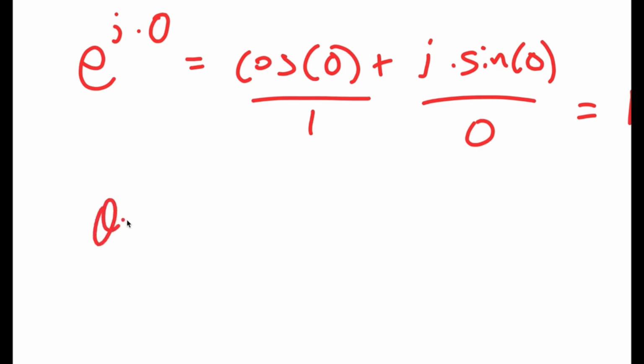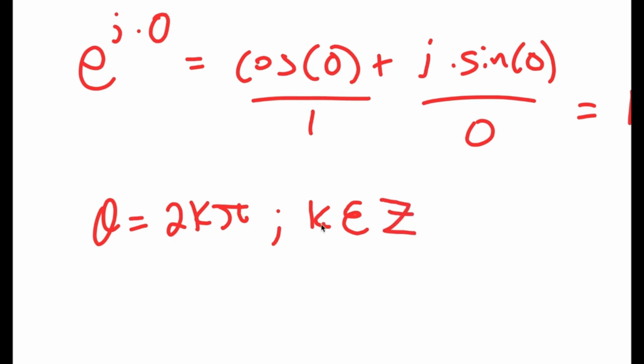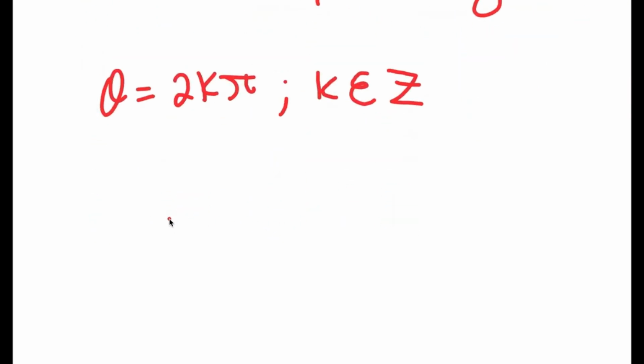Now, what if we say theta is equal to 2k pi? And k is just a substitution for all real numbers. So now I get e to the power of i times 2k pi is equal to 1.